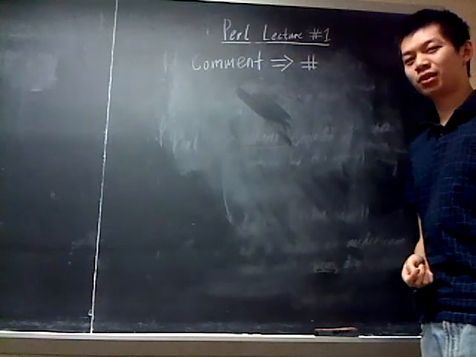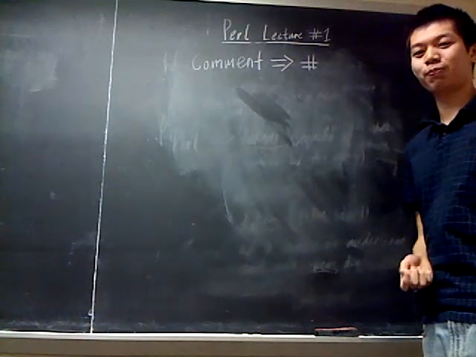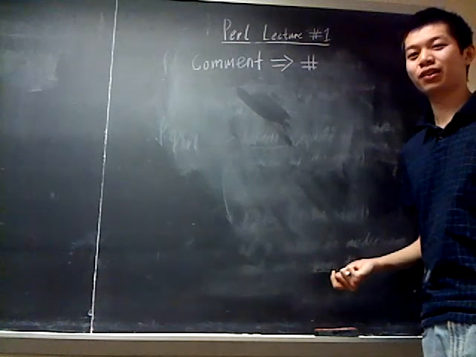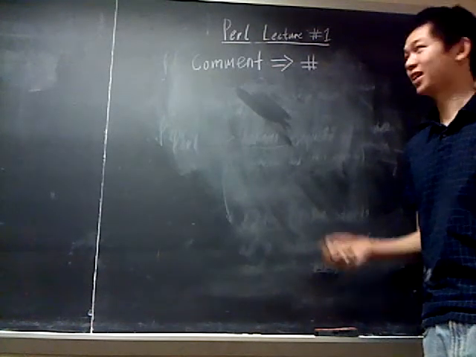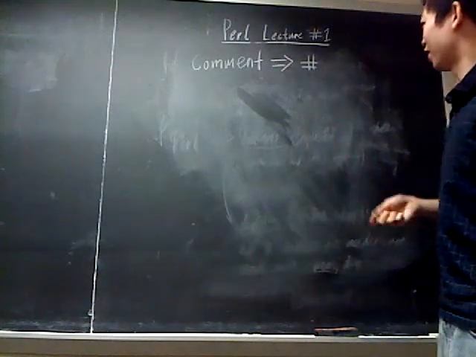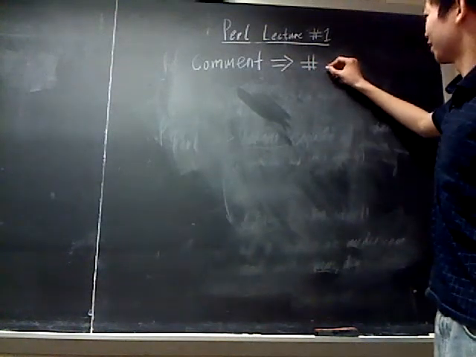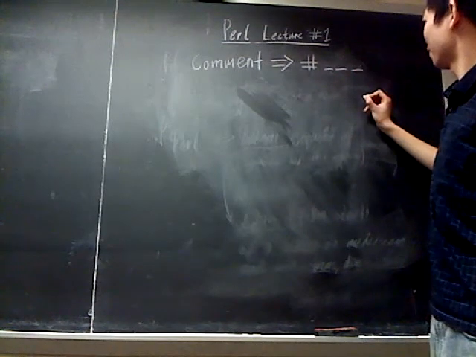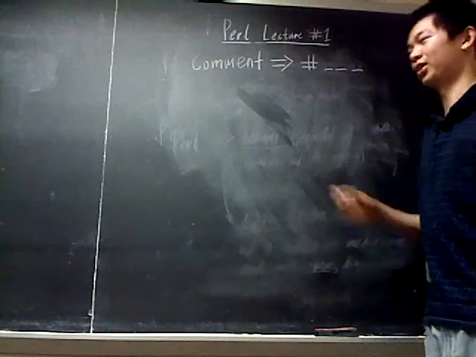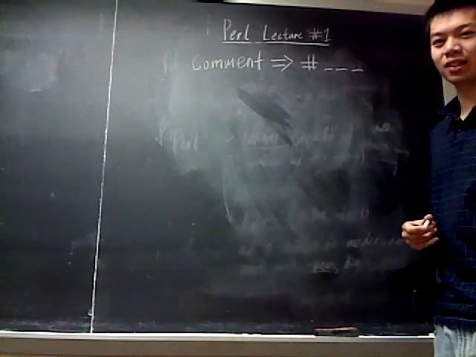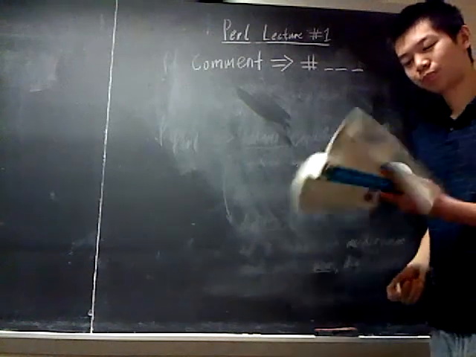And whenever the Perl interpreter, or basically the thing inside your computer that runs your Perl code, sees this thing and any characters that follow after it, so maybe you have these random characters over here, Perl will ignore those things, because that appears as blanks to the interpreter.